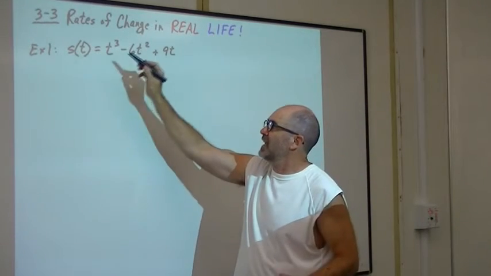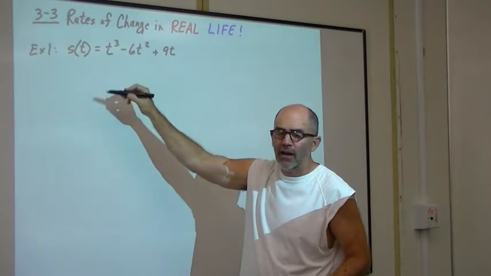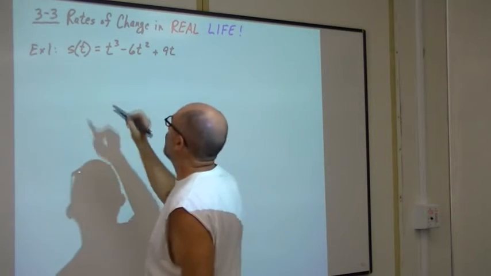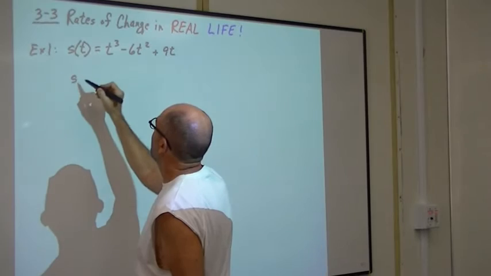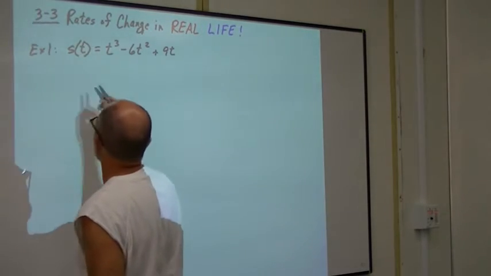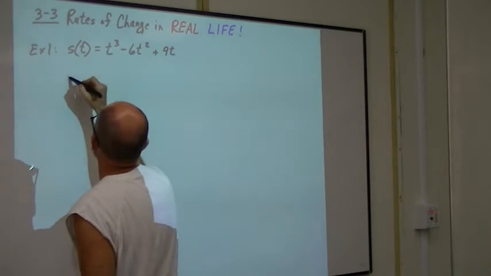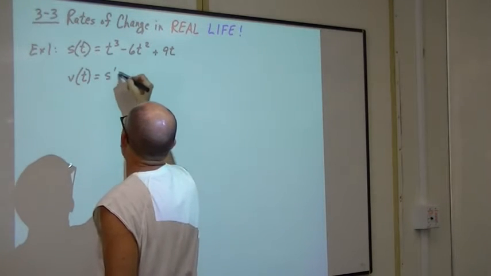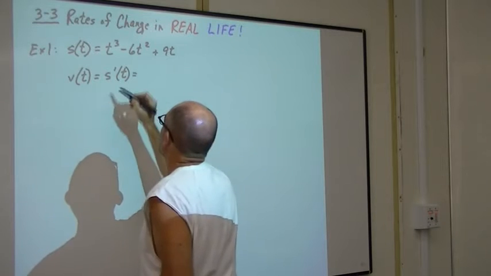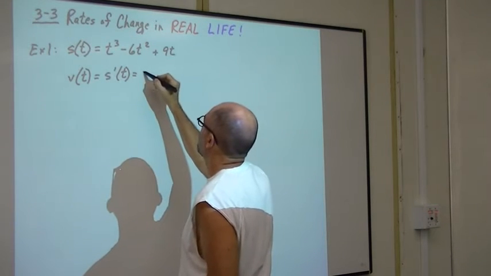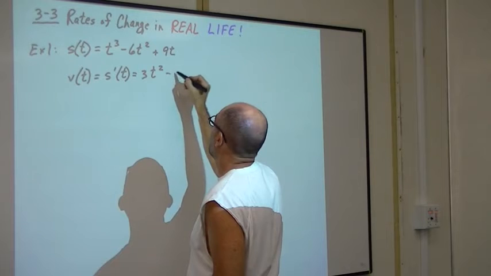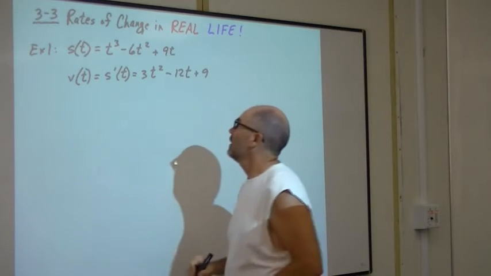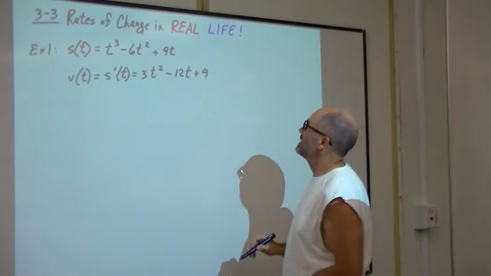Well, the velocity is always the derivative of displacement or distance. So velocity at any particular time is going to equal s prime of t, which equals the derivative of this function, which is 3t squared minus 12t plus 9. So there's my velocity at any time.